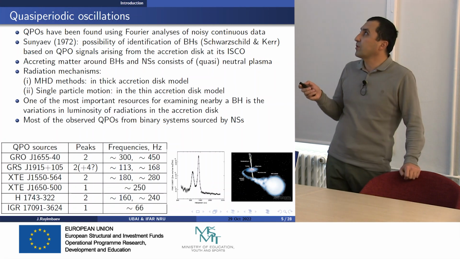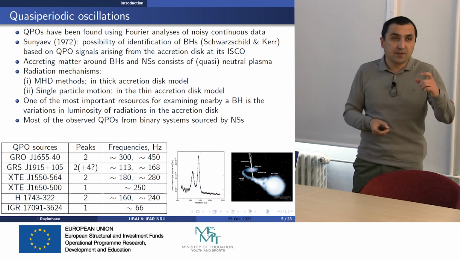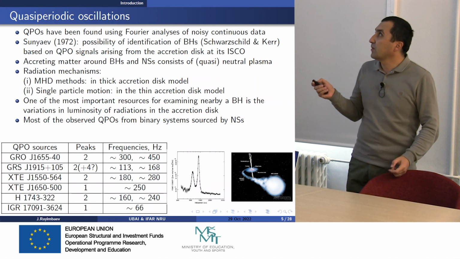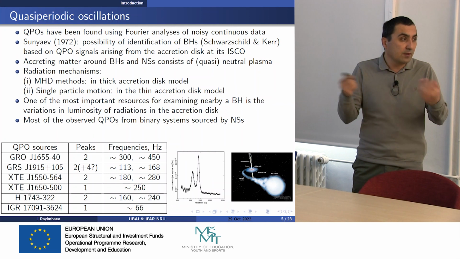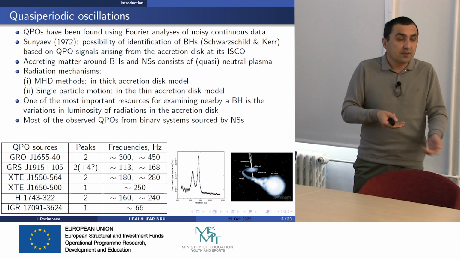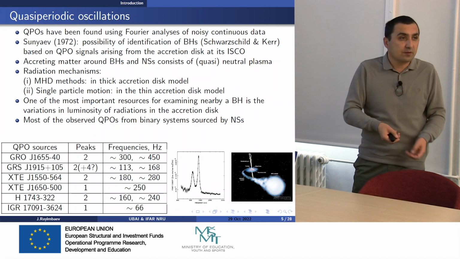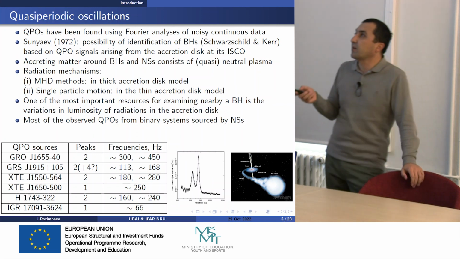For Schwarzschild it is fixed, 6m, and for Kerr it depends on its spin, and if it is less than 6m, we can say that this is Kerr, and this is a spin parameter.